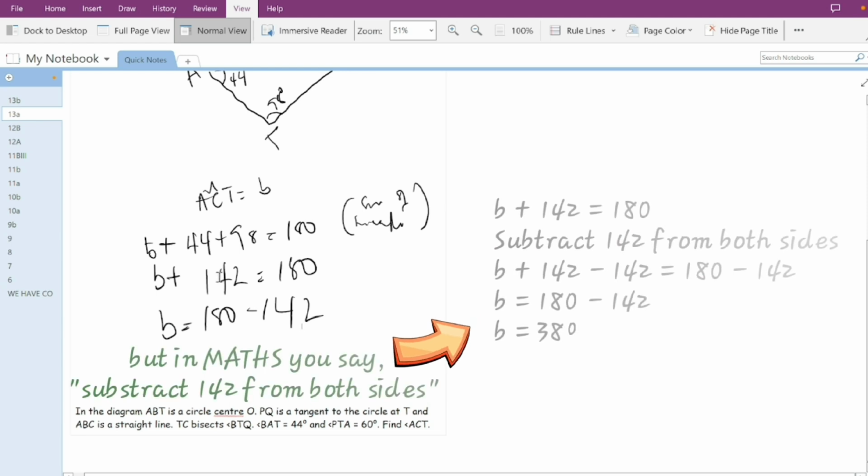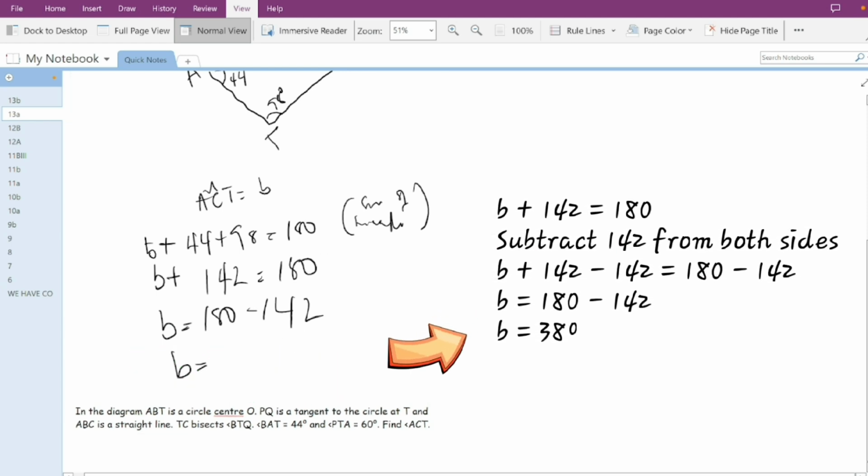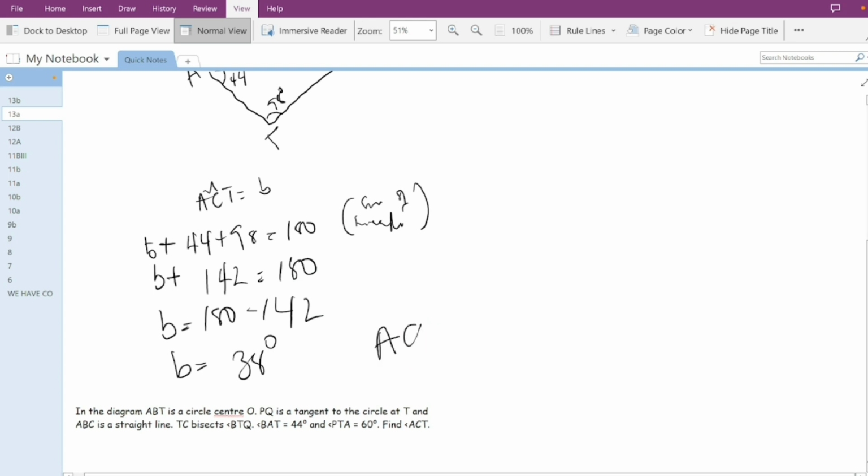The plus 142 crosses the equals sign and becomes minus 142. B is equal to 180 minus 142 will give you 38 degrees. So the answer to this question is 38 degrees. That's angle ACT at C, or you can put it as angle ATC in the format in which WAEC gave you the question, is 38 degrees.